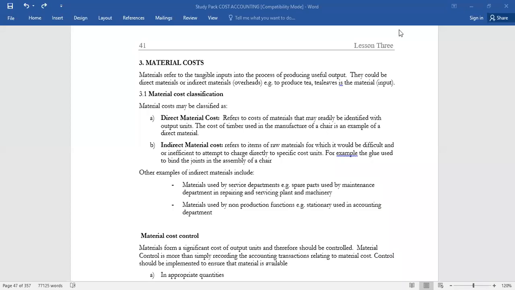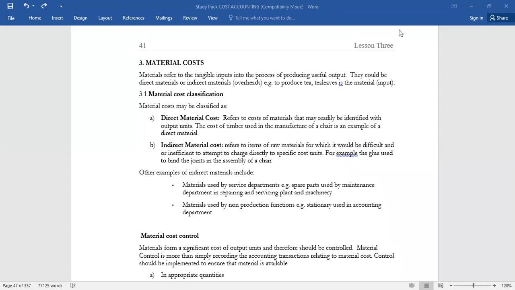We can start. When we talk of the material costs, we are referring to the tangible inputs when we are in the production line. So they could be direct materials or indirect materials, but tangible. For example, for you to produce tea, majani chai, you need the tea leaves.